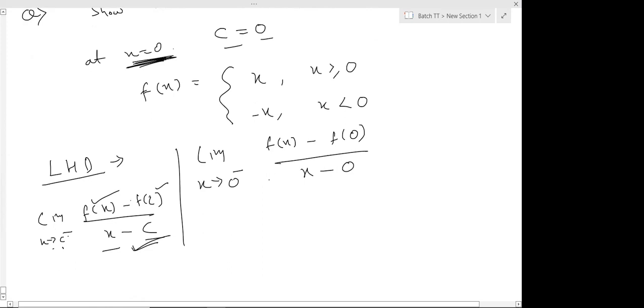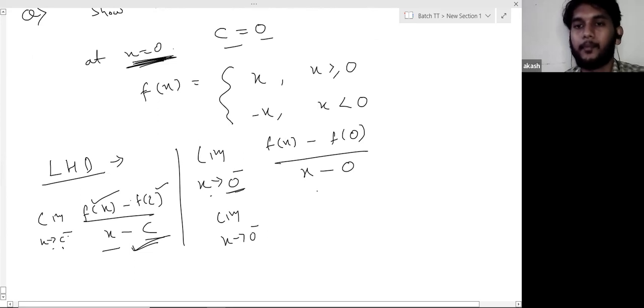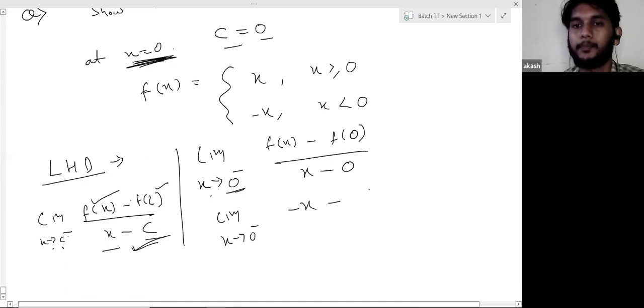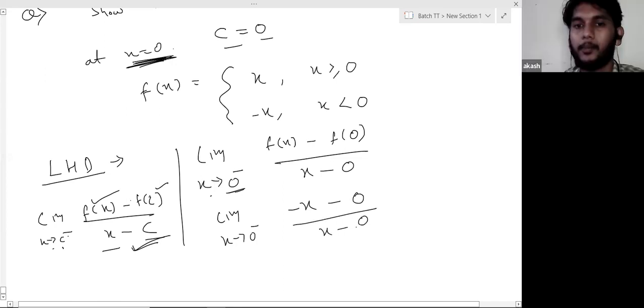Now you have to solve the limit. So if x is less than 0, 0 minus means less than 0, what is f of x? Minus x. And what is f of 0? 0. So 0 upon x minus 0.